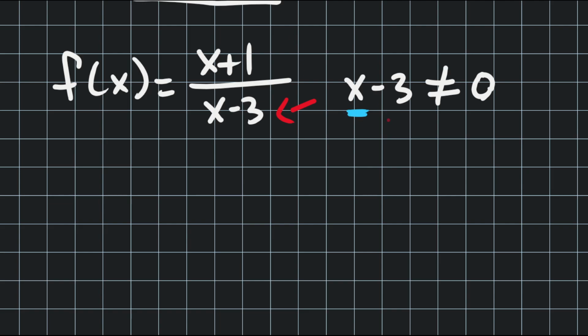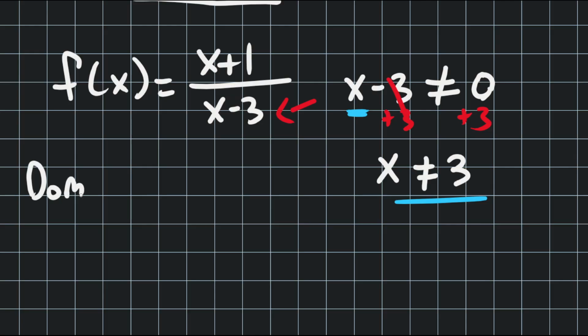And so to do that, we'll add 3 to both sides. So we have x cannot equal 3. So x cannot equal 3. Okay, so let's keep that in mind. x cannot equal 3. And let's talk about the domain and the range.